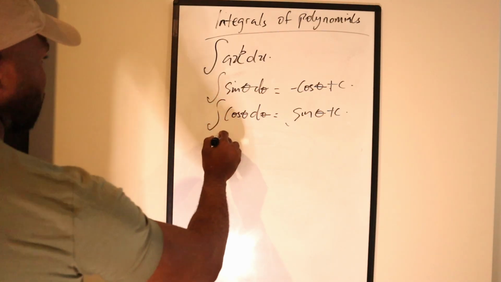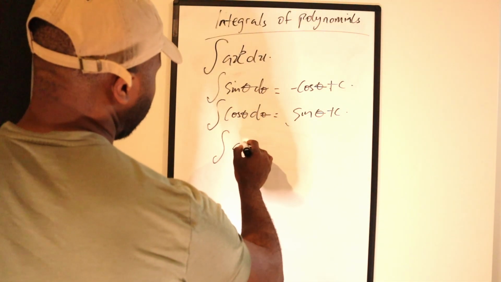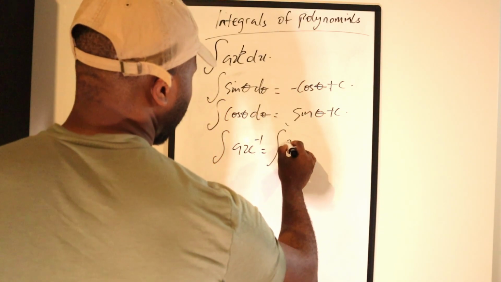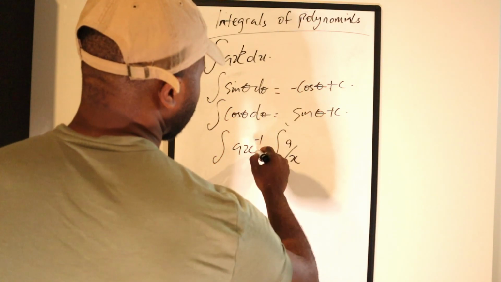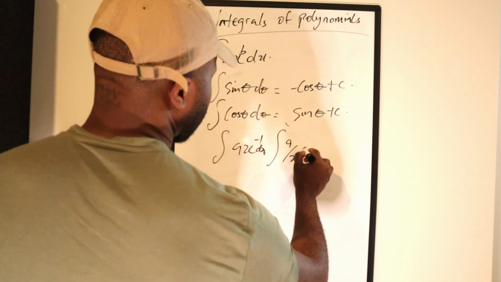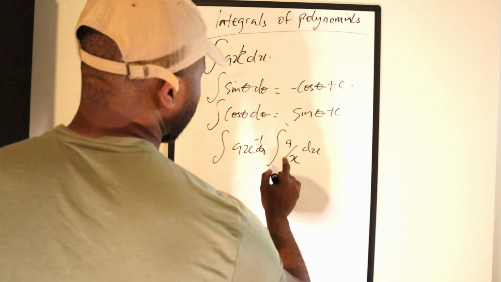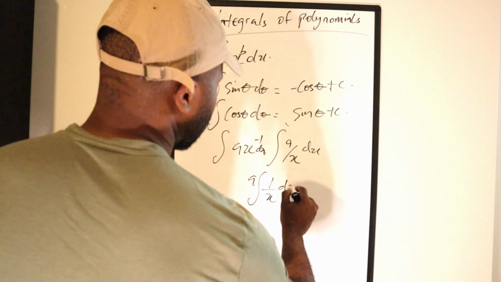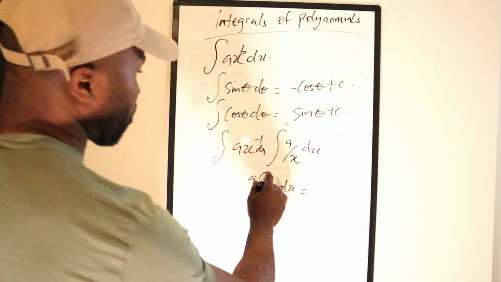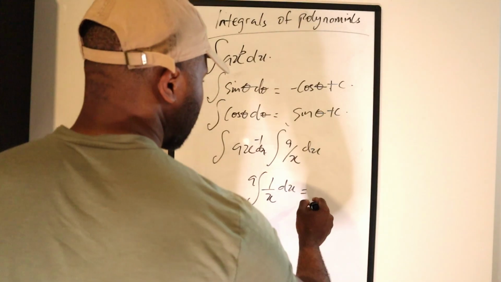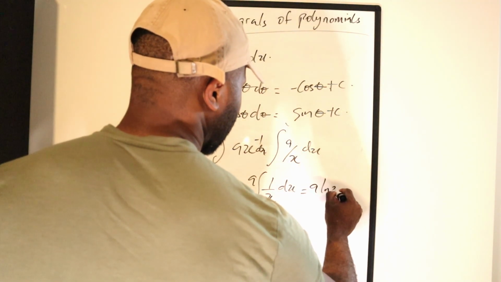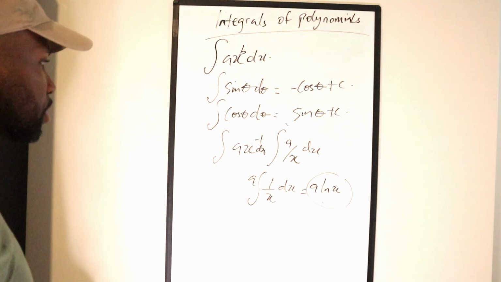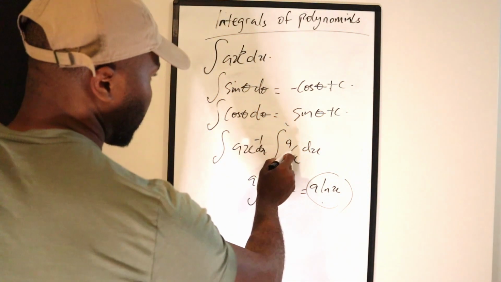When they give you something like this, integrate a x^(-1), this is equal to integrating a over x dx, and to integrate that, it will be a times the integral of 1 over x dx, which is a ln x. So this is your answer when you try to integrate something like that.